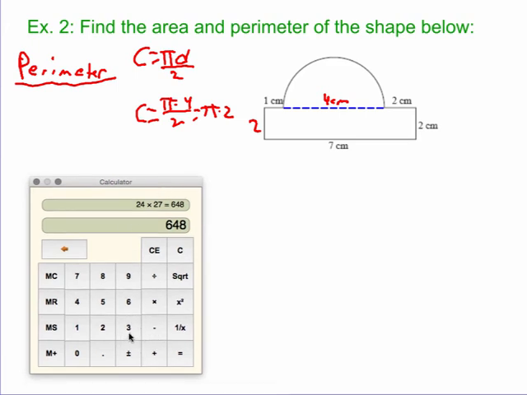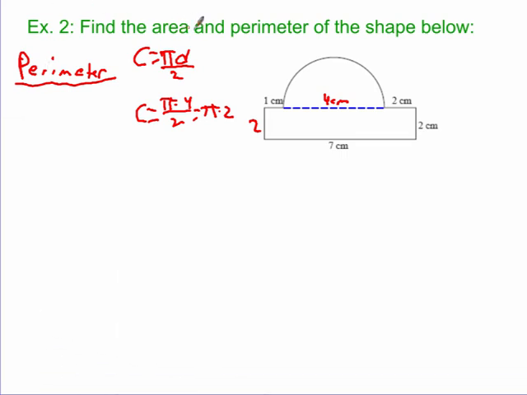Let's just use 3.14 for pi just to be somewhat accurate. So I do 3.14 times 2, and I get 6.28. So that means that this whole curve here is 6.28 centimeters.